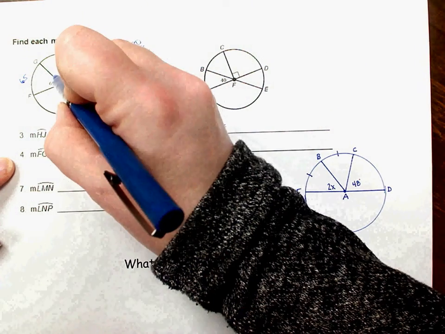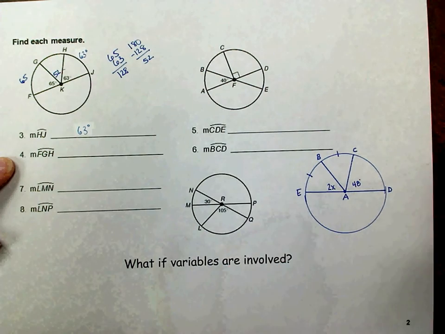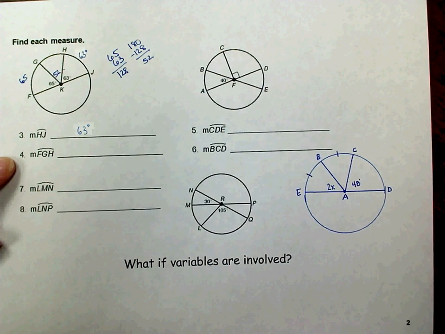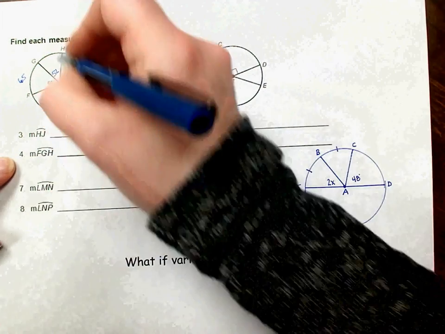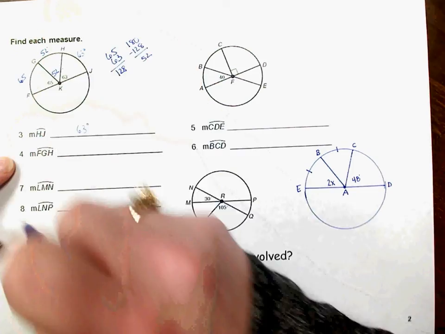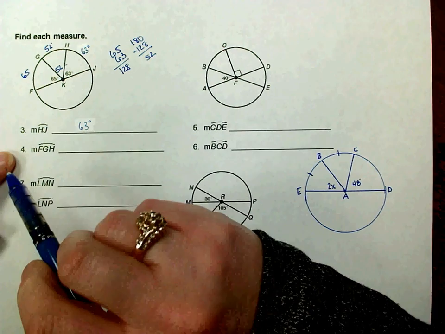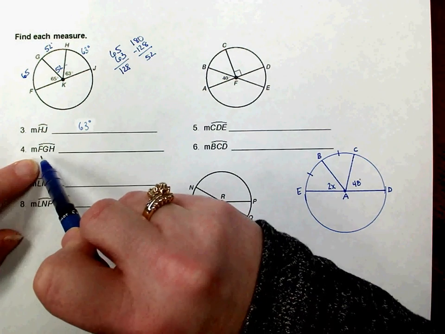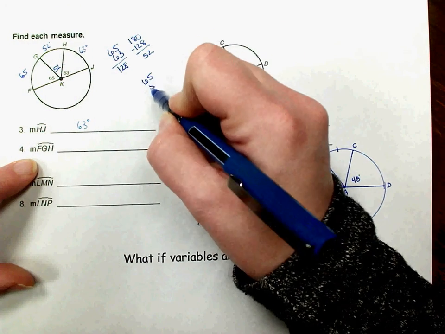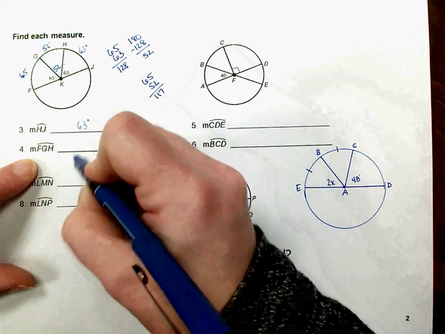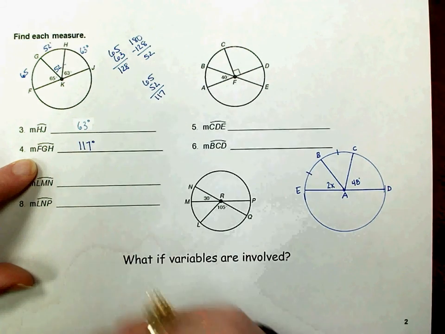So this 3rd angle has to be 52. So now I have another central angle that I can use to find the arc from G to H. So G to H is also 52 degrees since we have a central angle. So now I can find the measure of the arc we're being asked for by simply adding the 65 and the 52 together and getting 117 degrees.